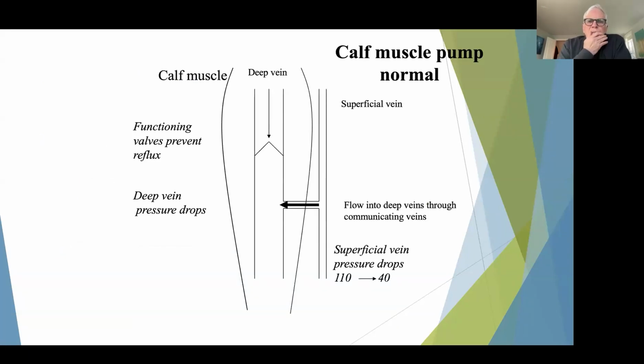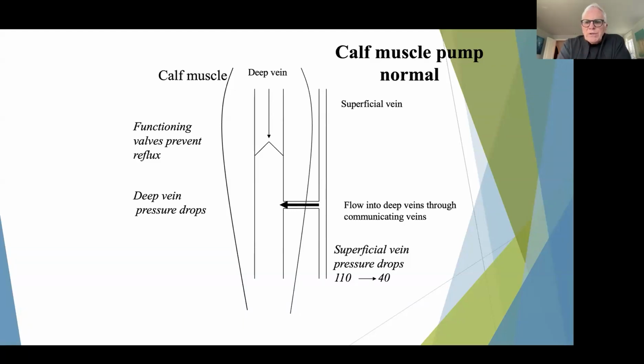So just to show you from the pathophysiology, just imagine this is the calf. That central part is a deep vein encased by the muscle and the fascia around the muscle, and outside of that are the superficial veins. So normally when the calf contracts, it compresses those deep veins, it pushes blood back up the veins back towards the heart. But when the muscle relaxes, what happens is the valves stop the blood from going down.